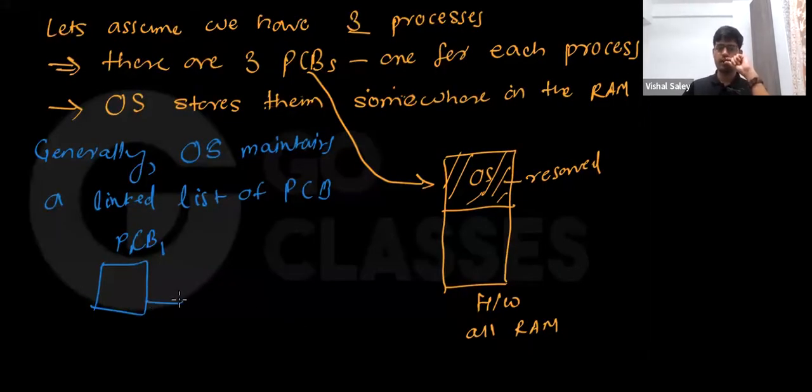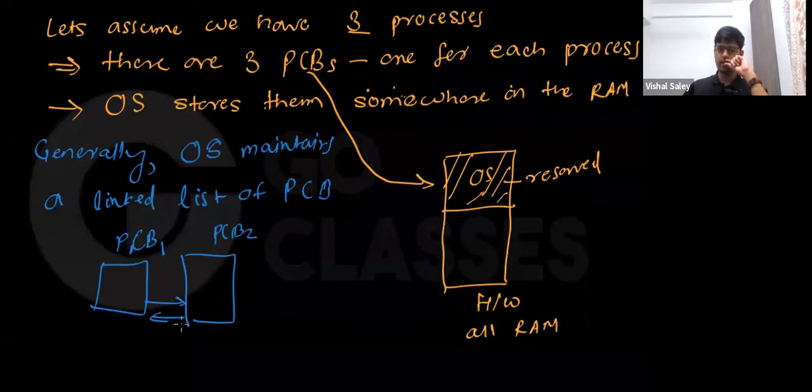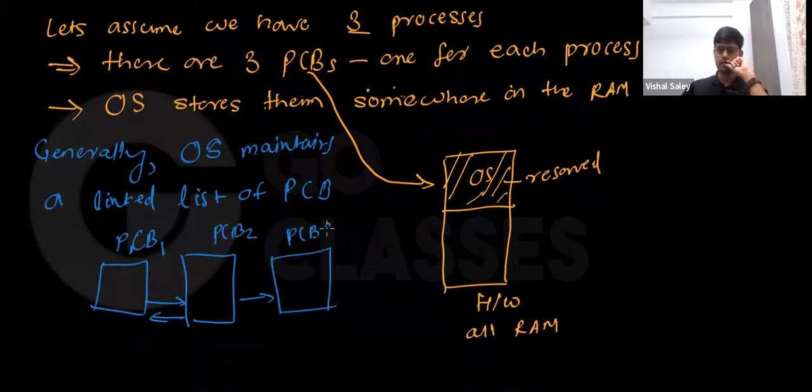There will be a forward pointer to the next PCB, PCB2, and again there will be a backward pointer here. So this is basically a linked list. Now let's say the 4th process comes in. Whenever the 4th process comes in, the operating system creates a new PCB. How does it create that? We'll get to that. It creates a new PCB and adds it to the list.